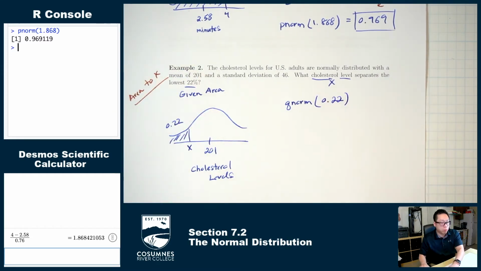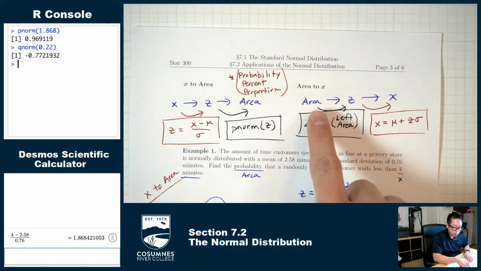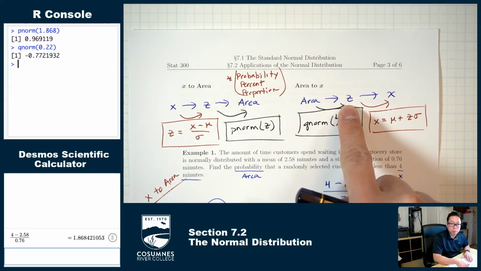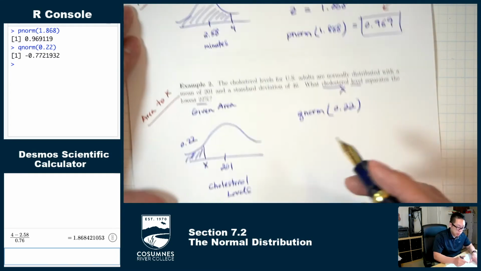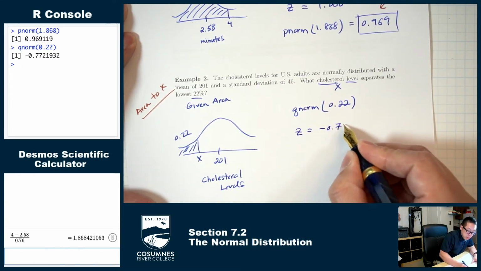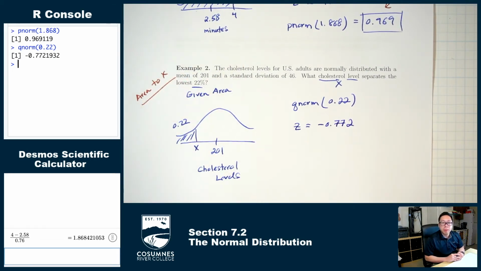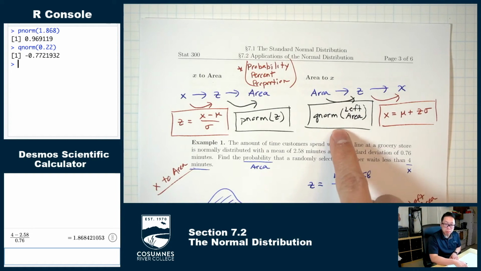So qnorm 0.22. Okay, negative 0.772. And what is this negative 0.772? Well, we're going from area to z, so what qnorm spits out is a z. So this is a z of negative 0.772.